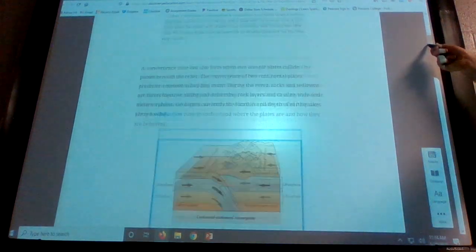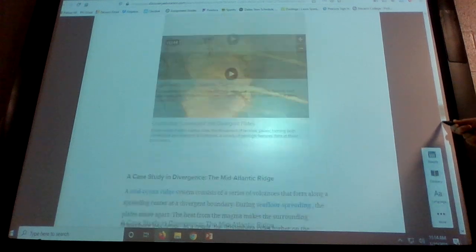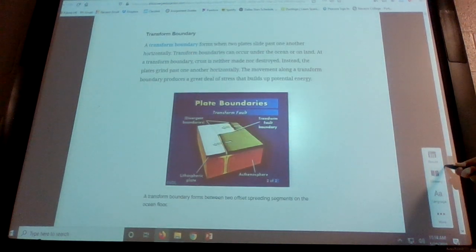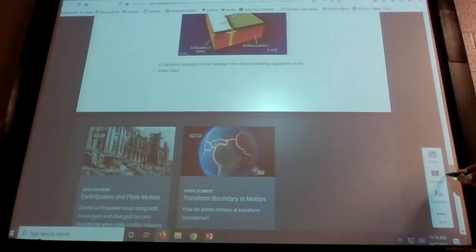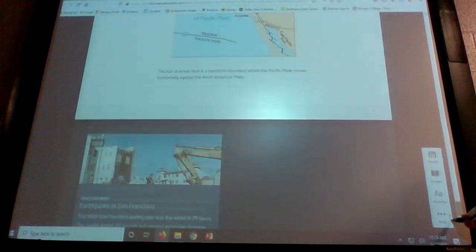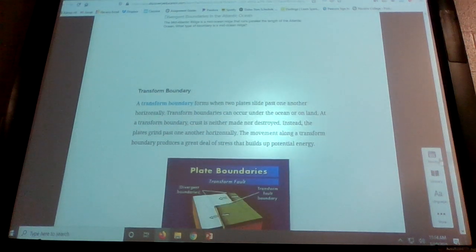Convergent boundaries, divergent boundaries. And then do they go to transform down here? Transform. I guess they're just talking about continental versus oceanic. But that's just 2. Ocean or land.